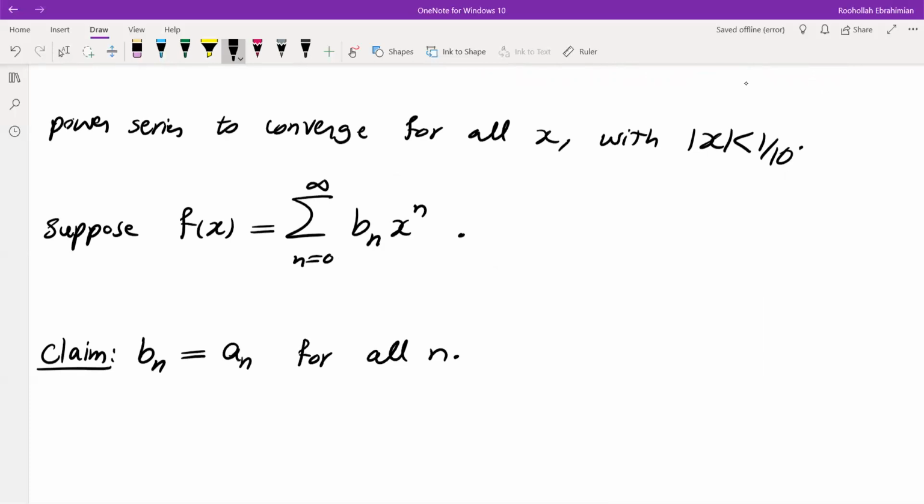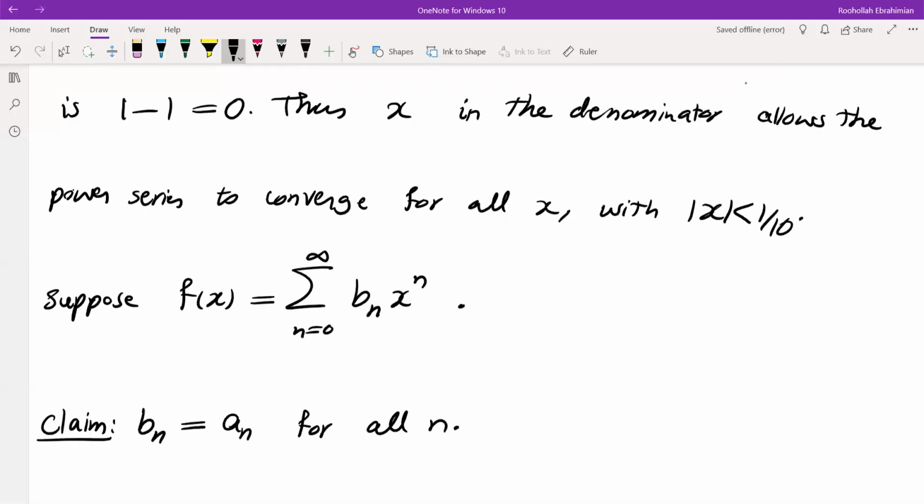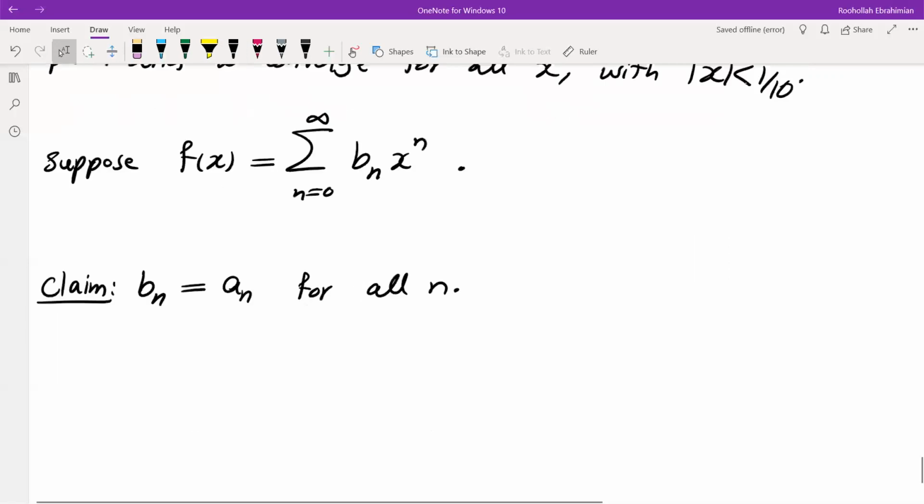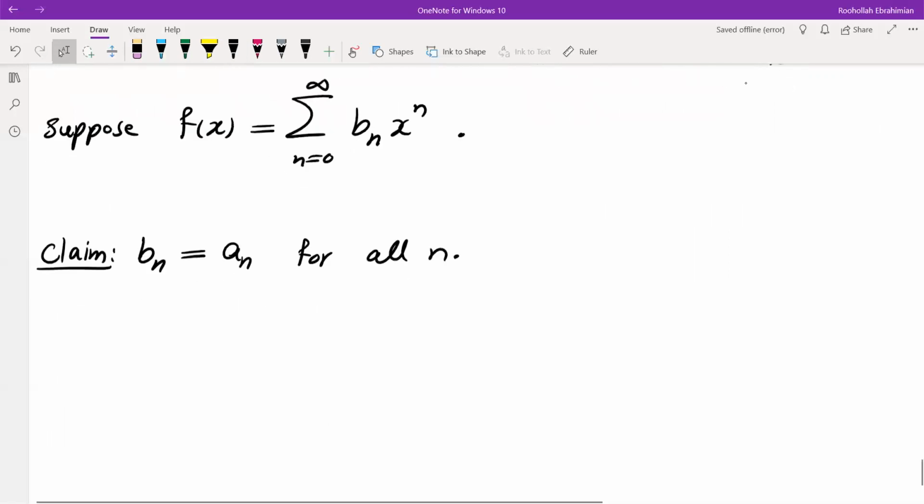So that's our claim. I'm kind of working backwards. So how are we going to show this one? We're going to show that in fact it satisfies all of the same conditions, meaning that it satisfies the exact same recursion. So we'll go ahead and find b0, we'll go ahead and find b1, and then we'll go from there, and then we'll find the recursion.